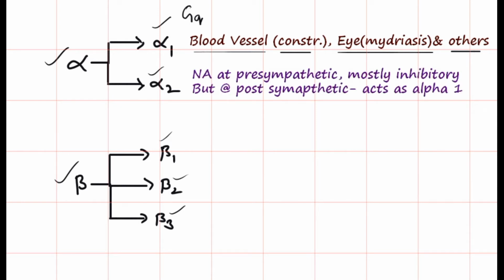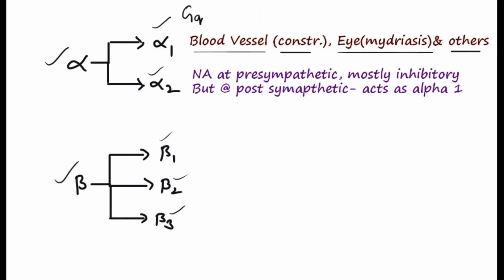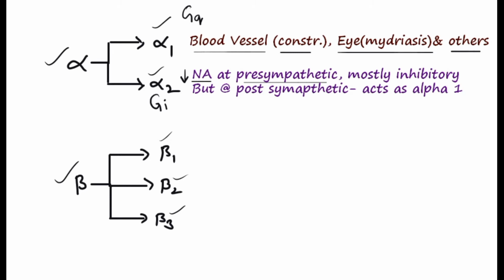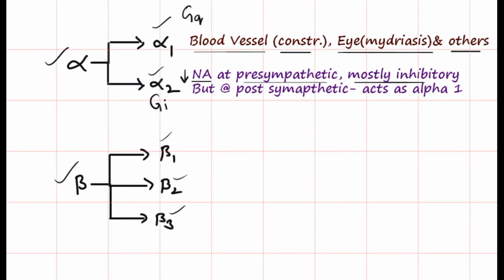And the alpha 2 receptor usually acts via Gi protein, I for inhibition. They are mainly present in the presynaptic fibers of the sympathetic fibers and inhibit the release of noradrenaline from the presynaptic neurons, mostly inhibitory in nature.